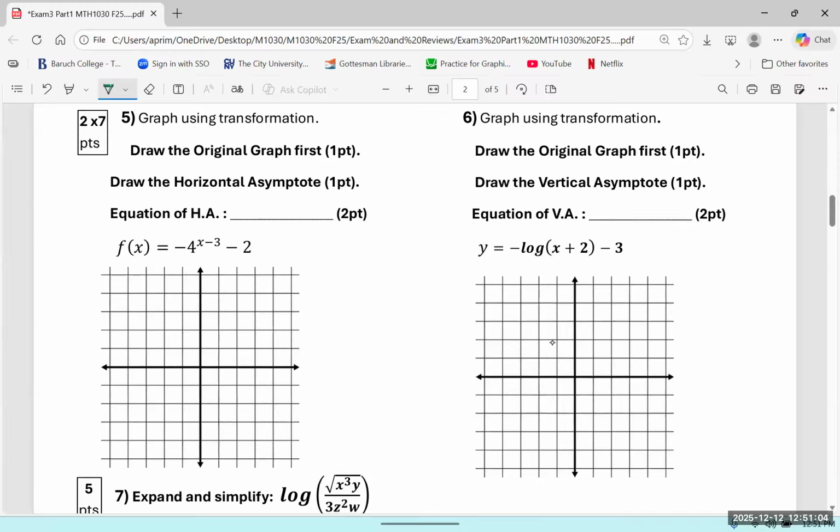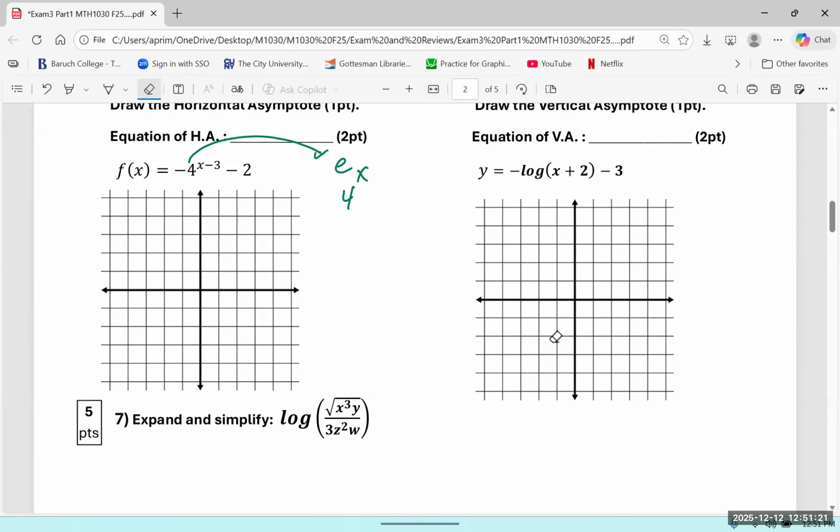So this is the base, the same as e to the x. e to the x, 4 to the x, any base to the x, whatever you have on the base is a base. So you don't have to worry about the numbers now in this class. They don't do anything. All you have to know is a number to the power of variable x is exponential. That's the important thing for you guys.